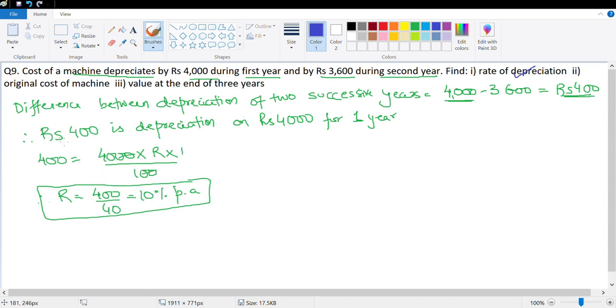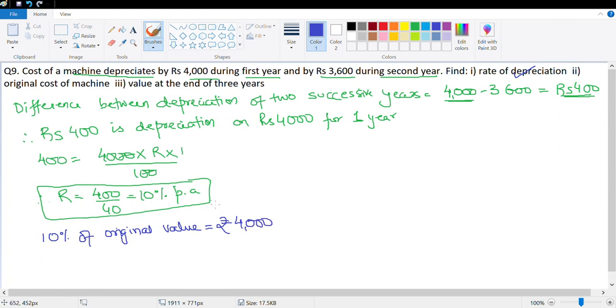Next part, original cost of the machine. So original cost of the machine, we know in year 1 it depreciated by 4,000 rupees. So what we know is 10% of original value, because the depreciation rate was 10%. So 10% of original value is equal to rupees 4,000, correct?